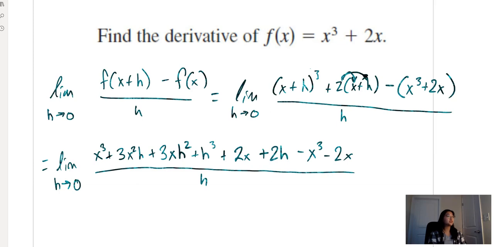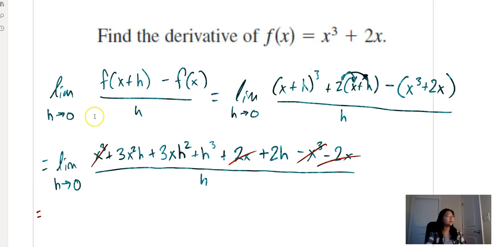So now I'm going to change colors because that's fun, and then we have this x cubed, that cancels out, and then we have a 2x, those cancel out, and what's left? I'm going to write this, we're going to scroll down a little bit.